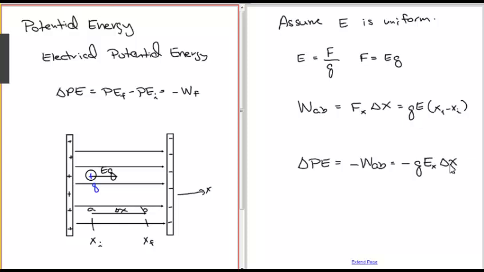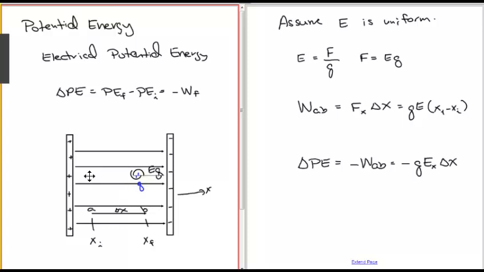Now, because delta x is positive, E is positive, and Q is positive because it's a positive charge, we're going to have a decrease in potential energy as we move from here to here. And again, if we think about gravity, if we move something down in the direction of the force, it's the gravitational force pushing down.